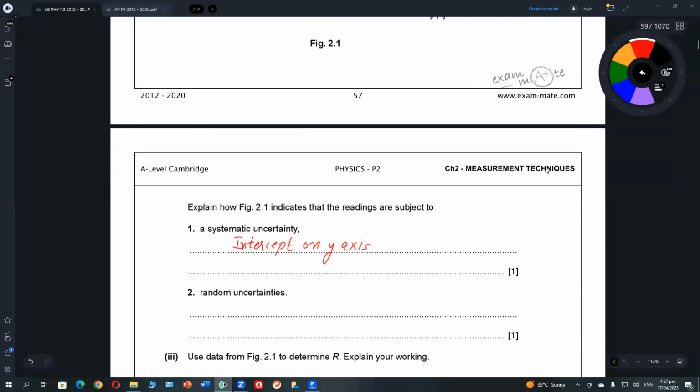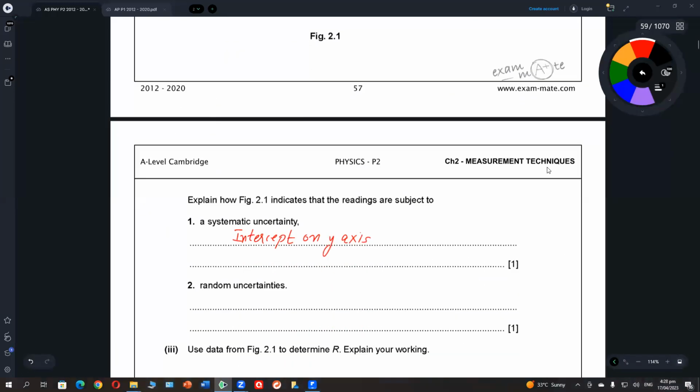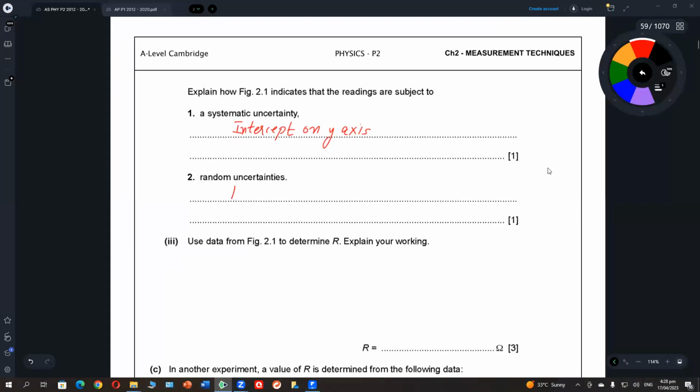What about random error? Maybe the readings are not aligned. The fluctuations in data, the scatter in the diagram.